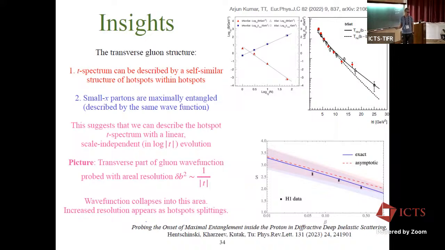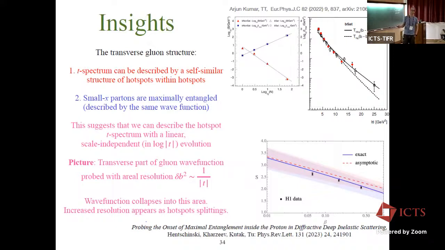And from the von Neumann entropy, that tells you that we have a maximally entangled state at small x. So the small x partons are maximally entangled, which you can see as them being described by the same wave function. I don't know how important that is for our study, but it helps us think about how the small x gluons behave. This suggests that we can describe the hotspot t spectrum with a linear, scale-independent evolution. This scaling behavior shows us that.